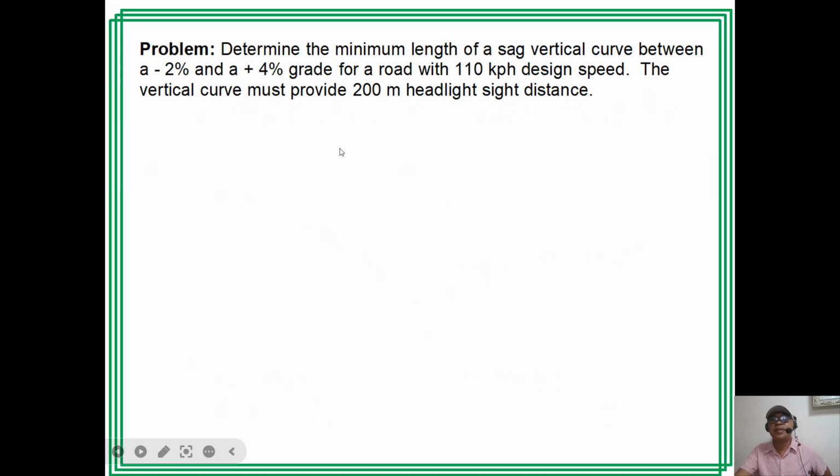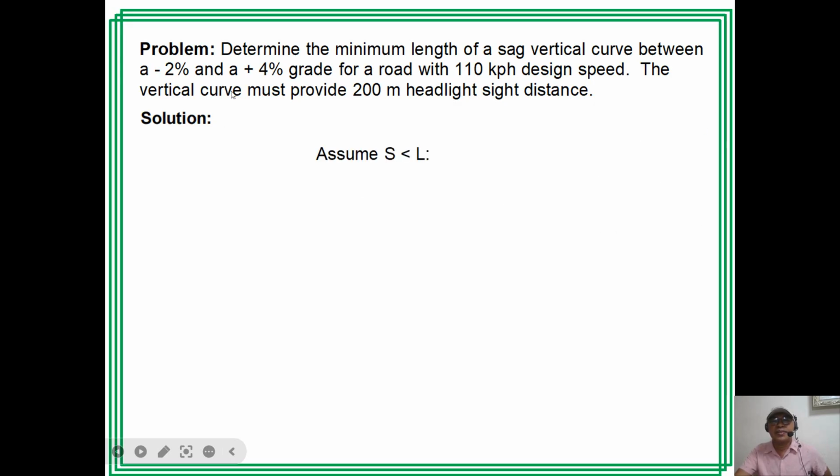Okay, problem. Determine the minimum length of a sag vertical curve between a negative 2% and a positive 4% grade for a road with 110 kilometers per hour design speed. The vertical curve must provide 200-meter headlight sight distance.